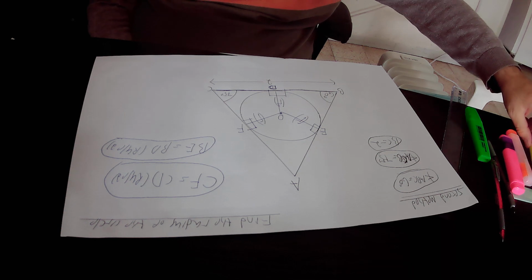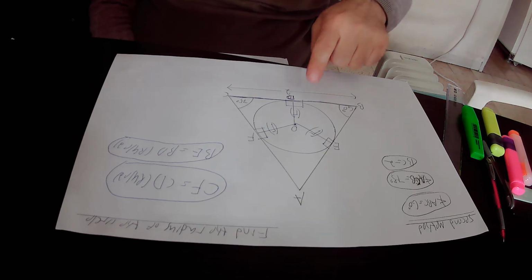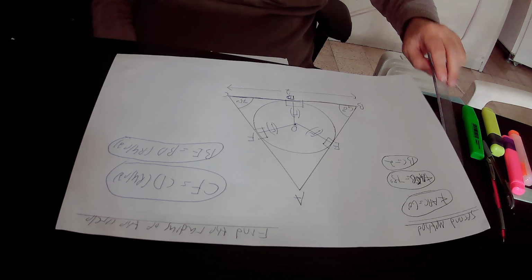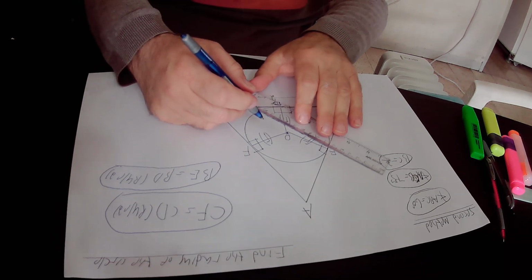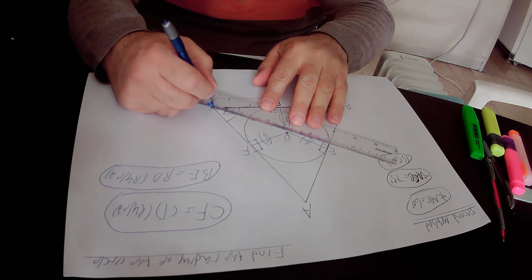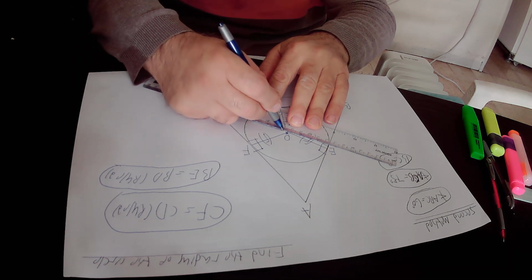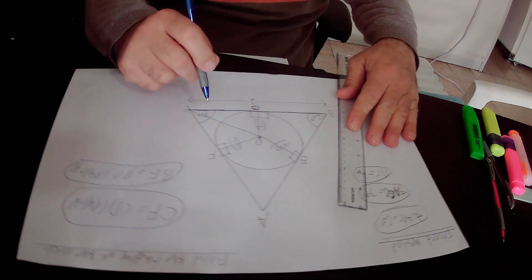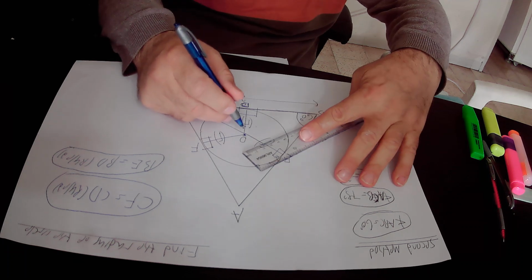In the next step, we join points O and C together by a straight line. And we also join points O and B together by a straight line.